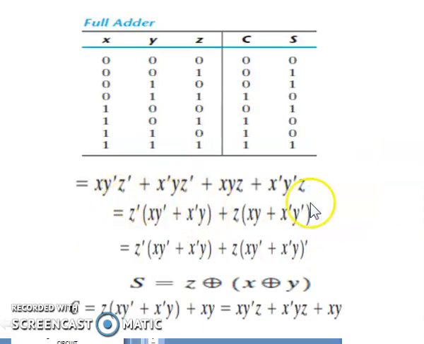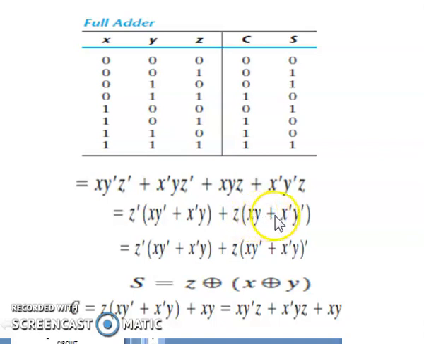Suppose we use Boolean algebra to simplify the expression for sum, then from the first 2 terms, we can take z bar outside. So the remaining terms are x y bar plus x bar y. And from the third and fourth term, take z outside.